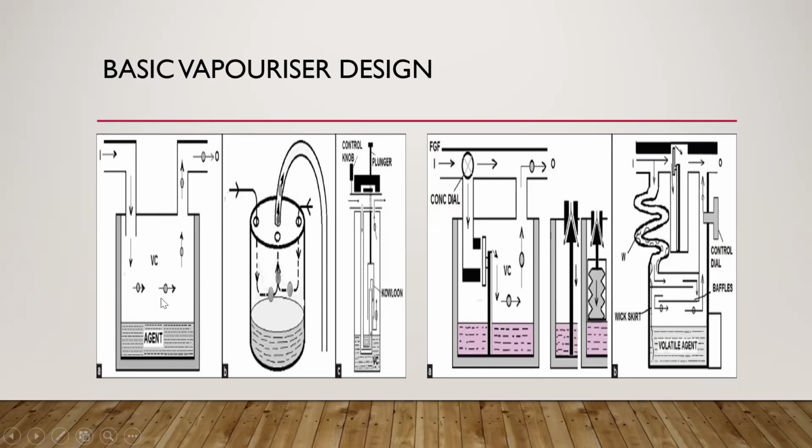But you can imagine the variable bypass vaporizer solves a problem. The saturated vapor pressure of isoflurane, for instance, is so high that if the vapors from here are delivered to your patients, it can cause an overdose of the inhalational agent. So the variable bypass comes in here, and the fresh gas flow is split into two by this control dial on your machine, where you set it at maybe 1%, 2%.